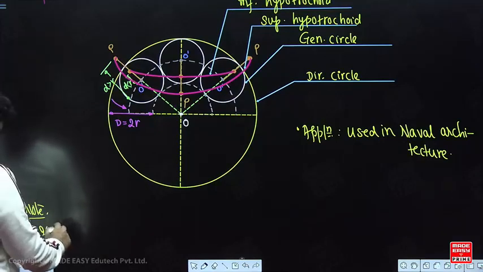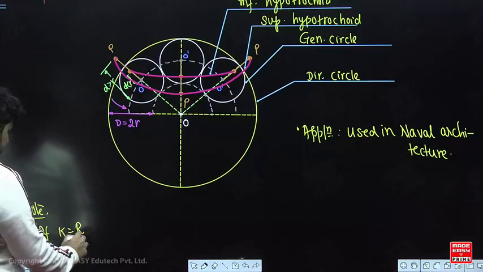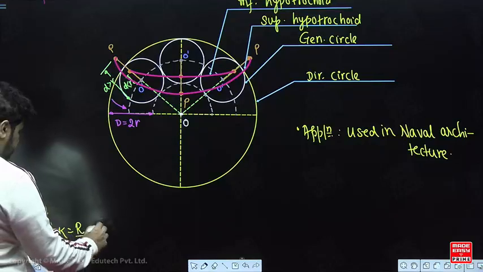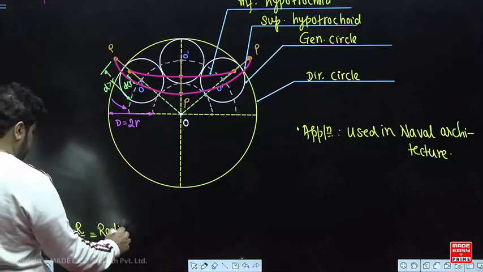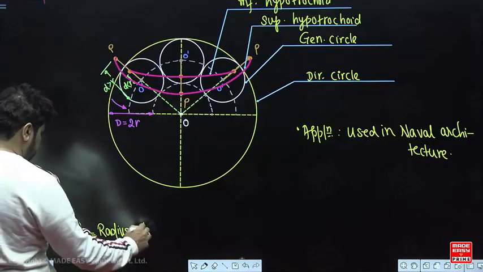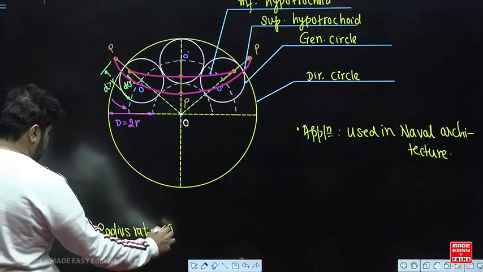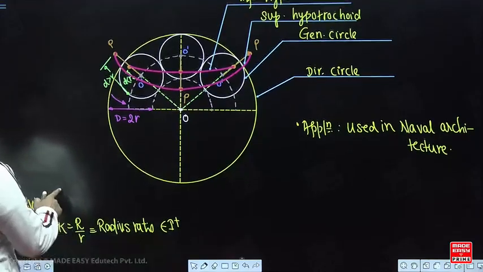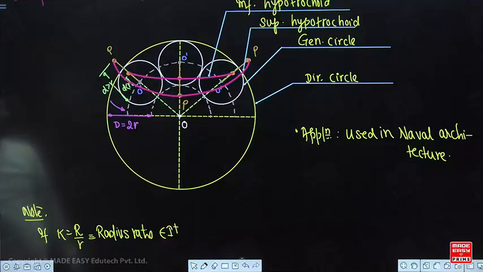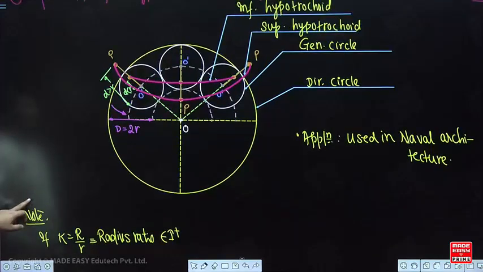If K is equal to R upon r, called the radius ratio, which belongs to positive integers, okay, draw up to here first.